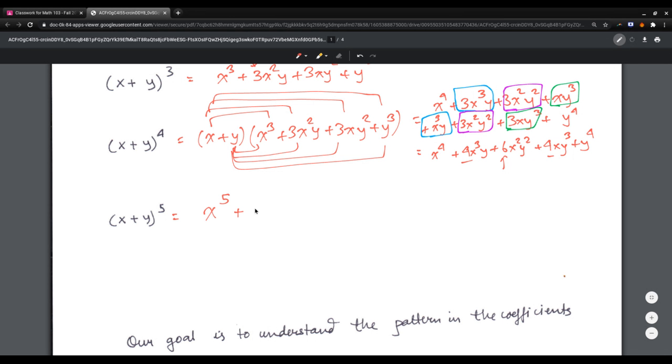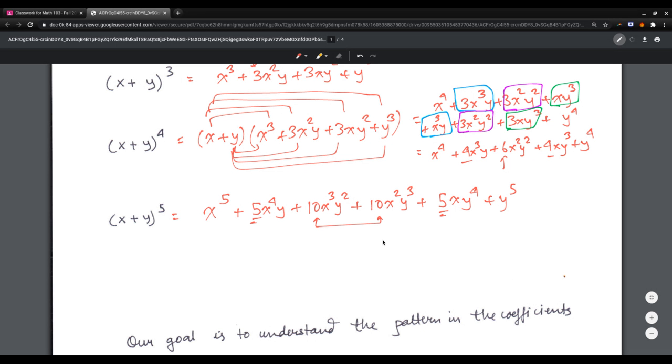So this is going to be x to the 5 plus 5x to the 4y plus 10x cubed y squared, and another 10x squared y cubed, and it's going to be a 5xy to the 4 and a y to the power 5. So again, you notice the number 5, but then you also have these new numbers, 10.